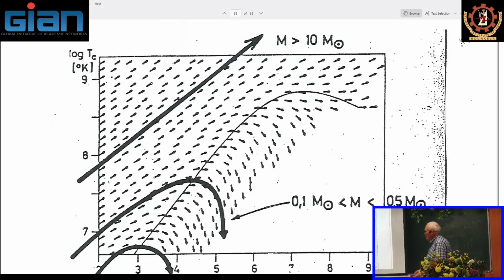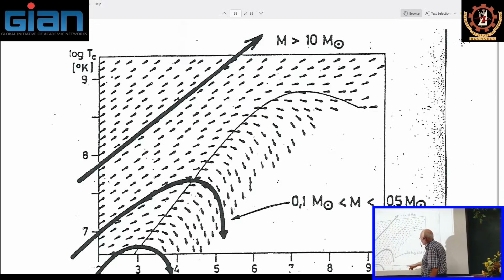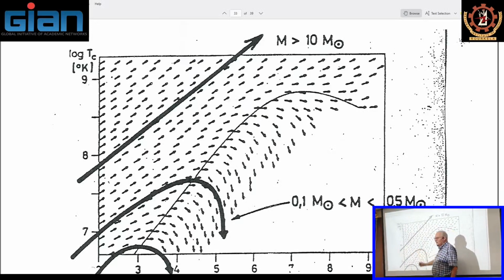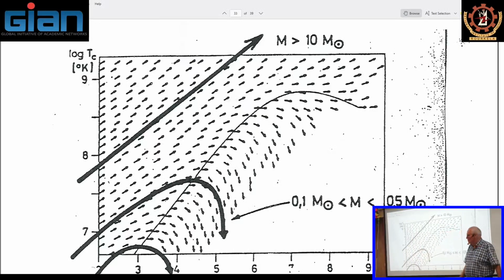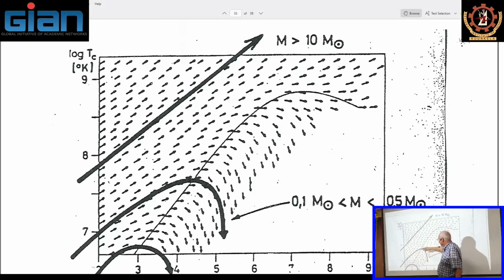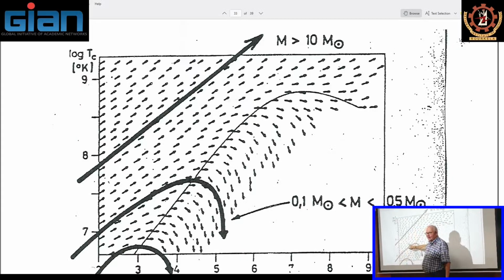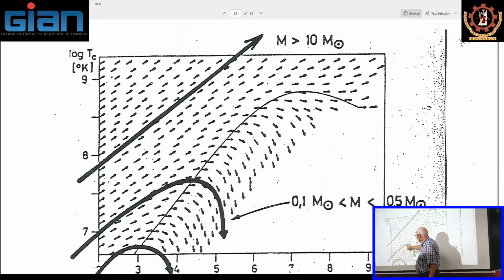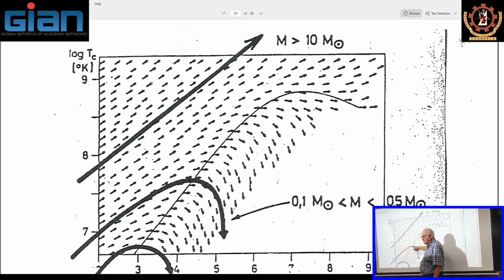So if the mass is small, then this maximum occurs at a finite density. Temperature increases, then alpha becomes equal to 3/4. Then we have reached a maximum, and then we have a decrease in temperature.